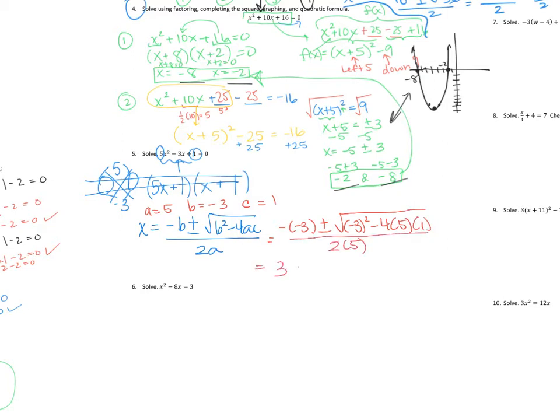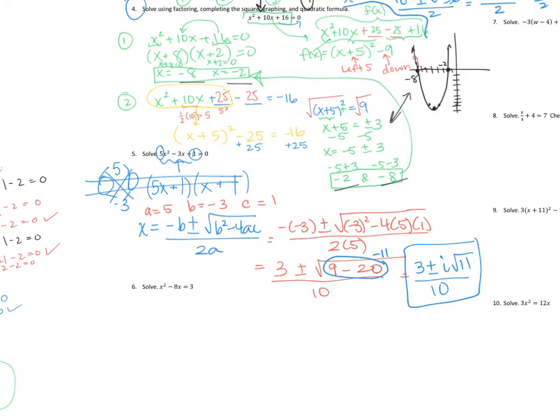So I'm going to have 3 plus or minus the square root of 9 minus 20, over 10. Well, 9 minus 20 is negative 11. When I have a square root of a negative number, that means I have to pull an i out. So this will be 3 plus or minus i square root of 11, over 10. That should be my final answer here.